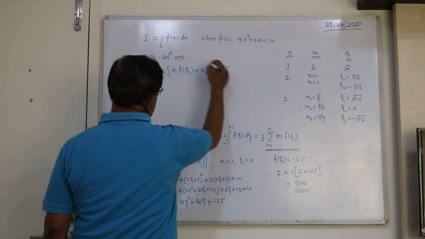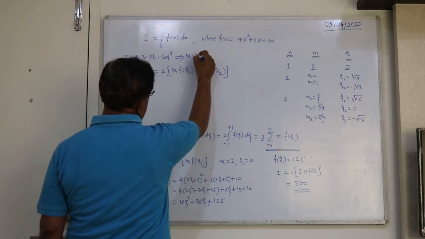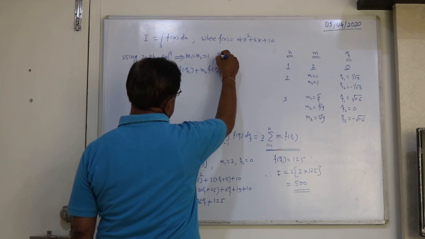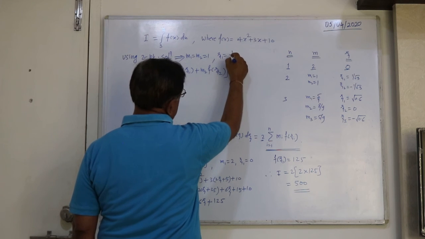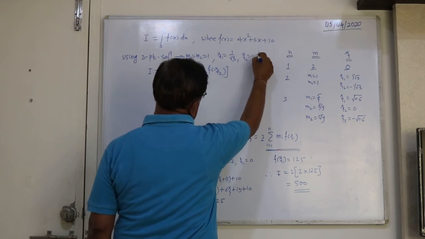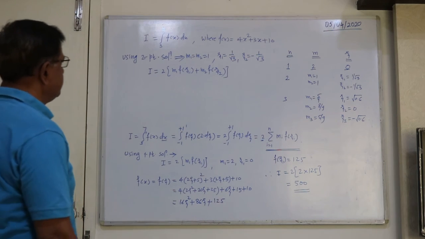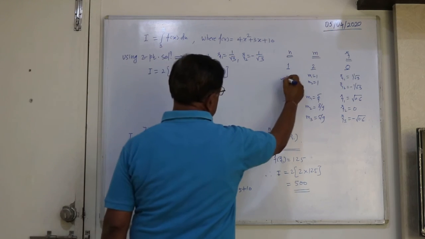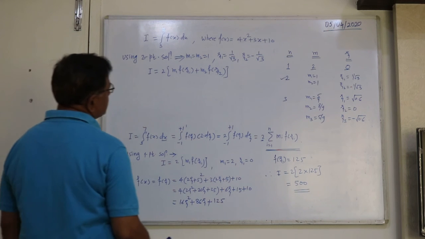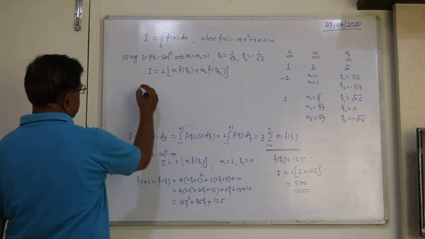Now m1 equals m2 equals 1. And xi1 equals 1 by root 3 and xi2 equals minus 1 upon root 3. Now let's find out first f of xi1 and f of xi2.